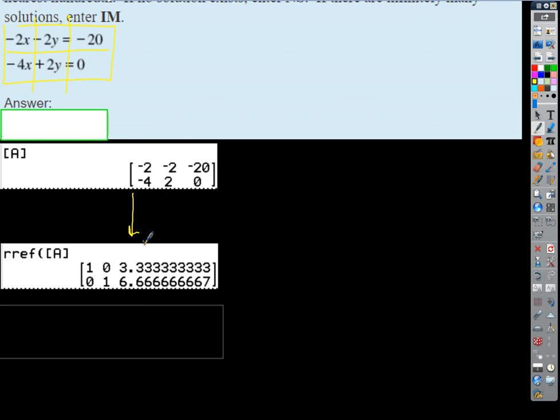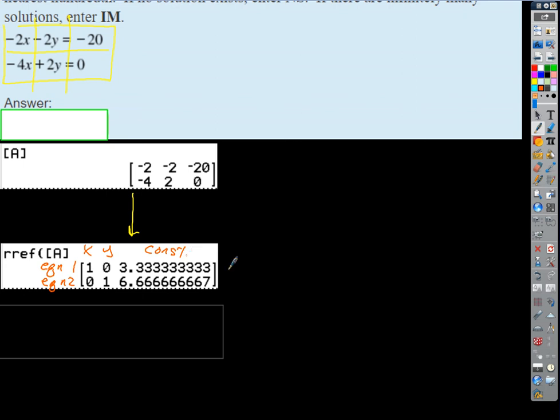Well, let's interpret this. It gave us back a 2x3 matrix, 2 rows and 3 columns, right? We said that this was equation 1, and this was equation 2. That was the x coefficients, the y coefficients, and the constants, right? So what is that first row telling me then? 1x plus 0y equals that, right?